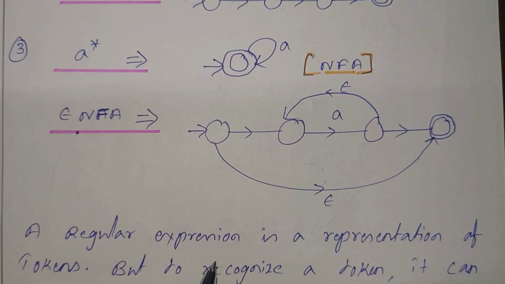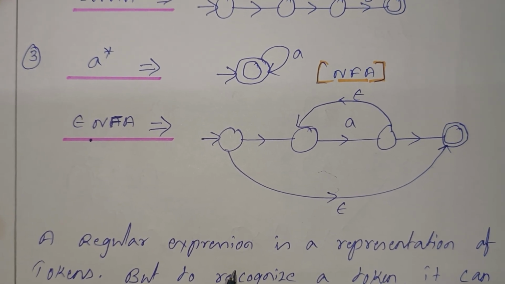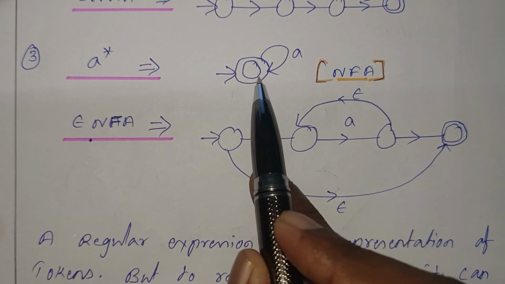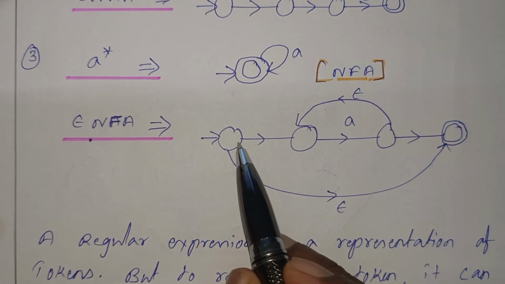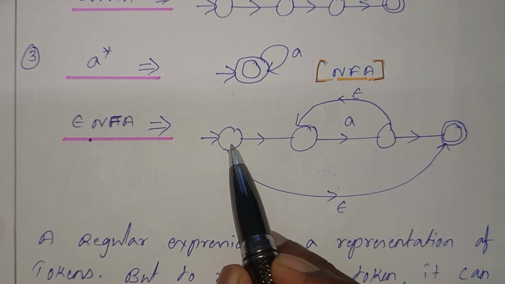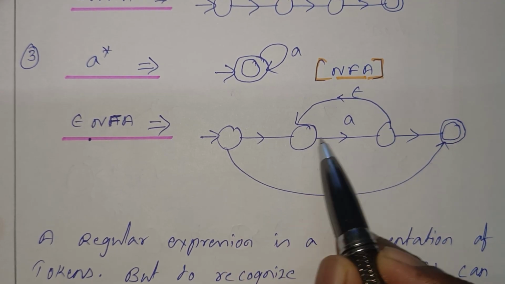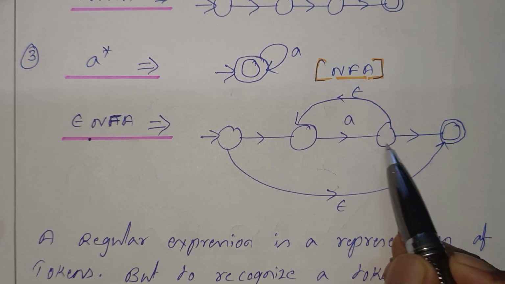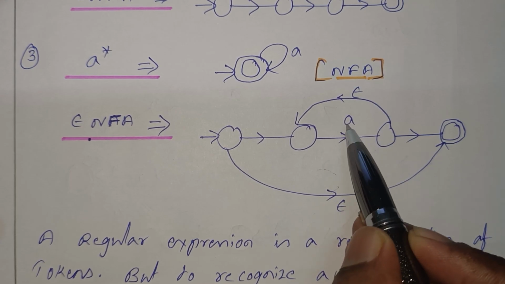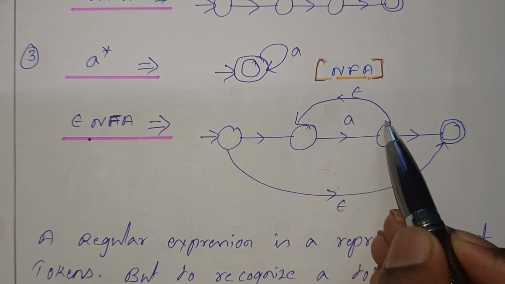Now let us see how the same process is reflected in epsilon NFA. There is a starting state and an end state. In between, we have introduced two other states to make this A run again and again until it stops.